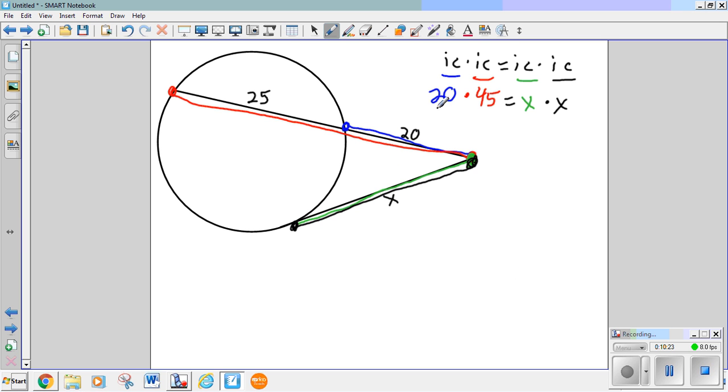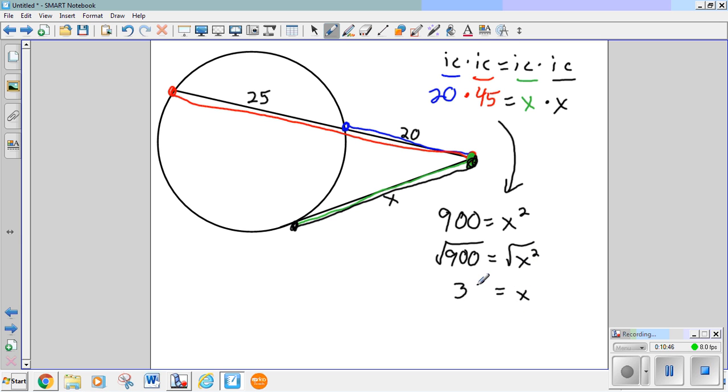Now solve. 20 times 45 is 900. X times x is x squared. To undo a square, we square root each side. So x equals 30.